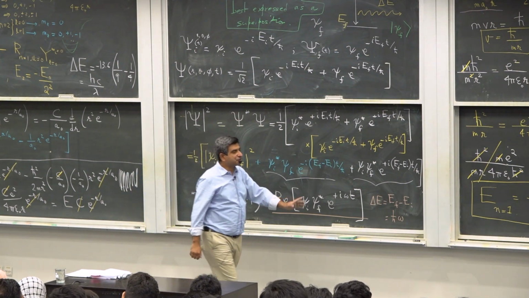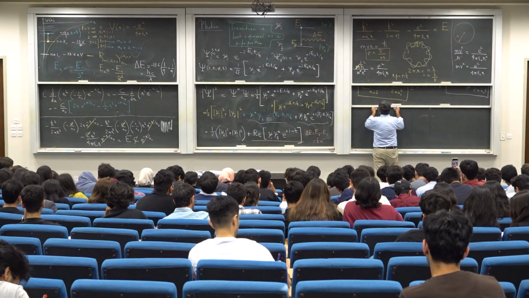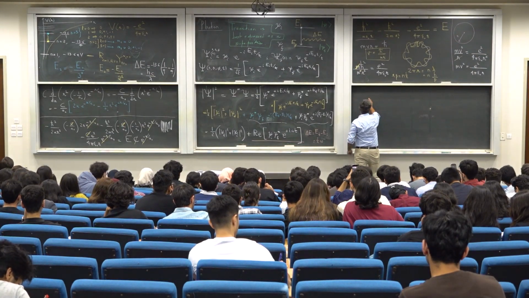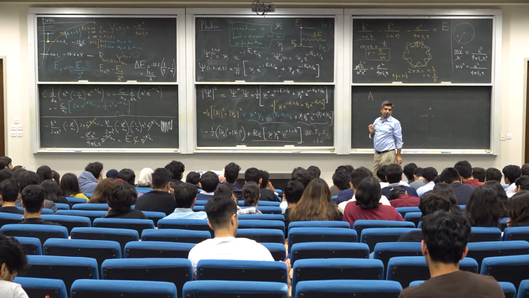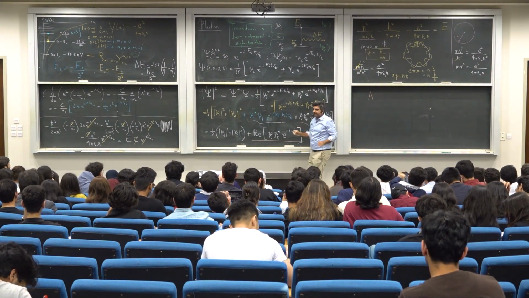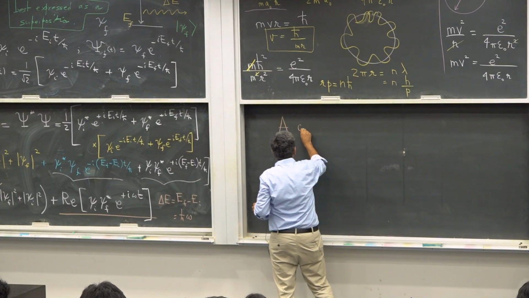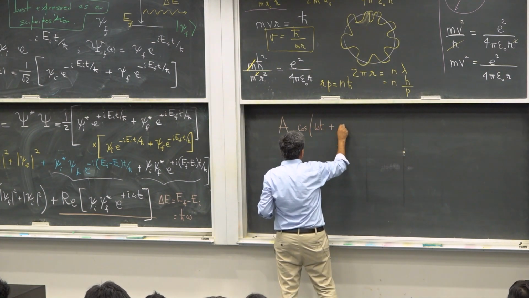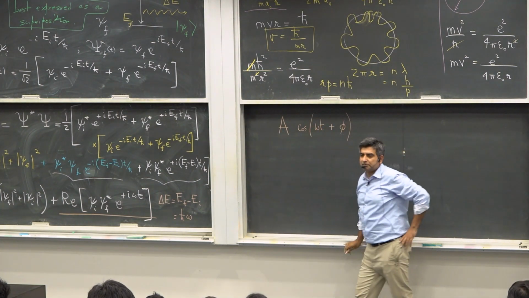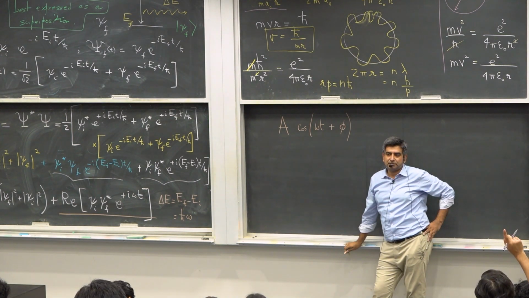If I were to write this in general form, this term will have some magnitude a. I'm only considering the time dependent part, only this term. This will have some magnitude a, and cosine omega t plus some phase perhaps.